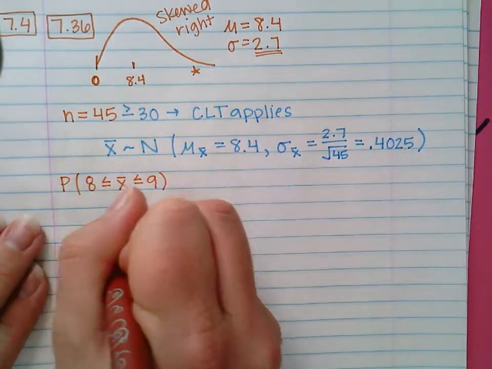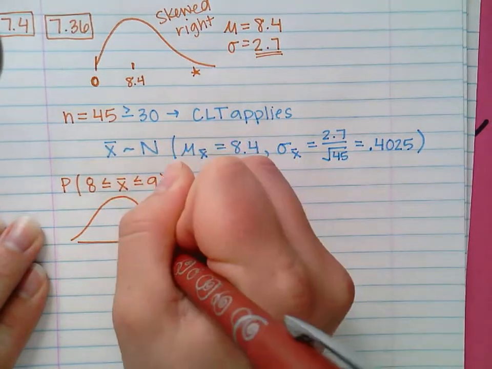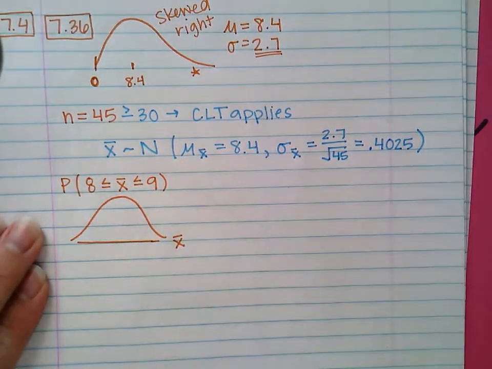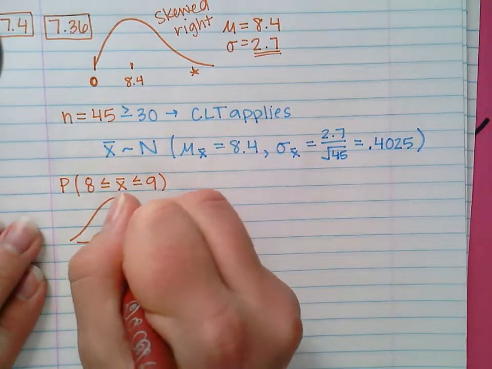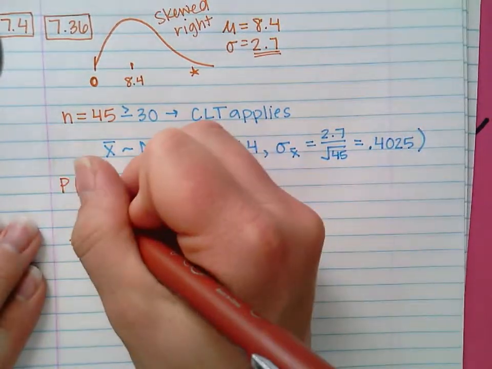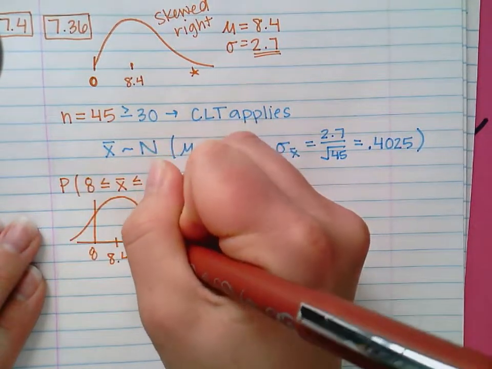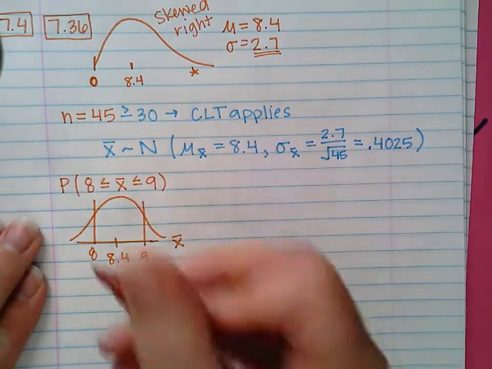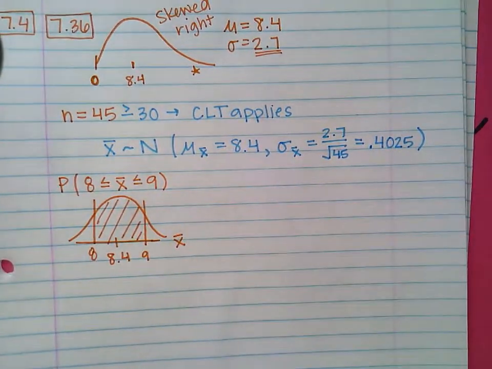So I like to draw my x-bar distribution, just like I would have done back in chapter 6. Okay, my mean is 8.4. I know that 8 is on this side of 8.4 and 9 is on this side of 8.4. And so the probability I'm looking for is this right here.